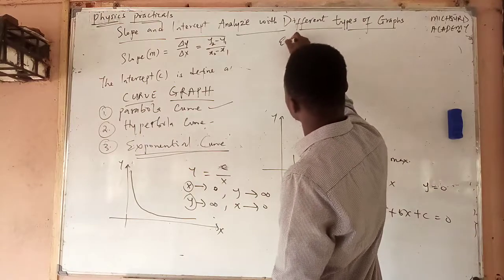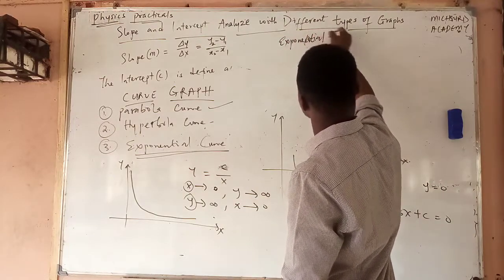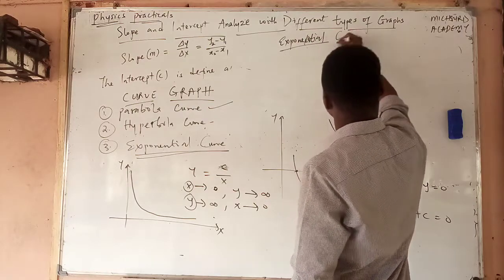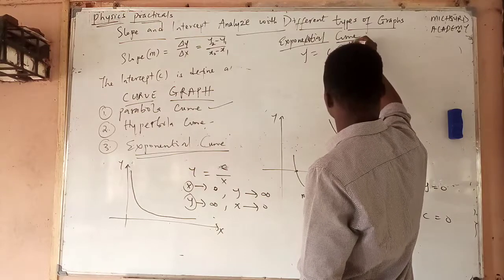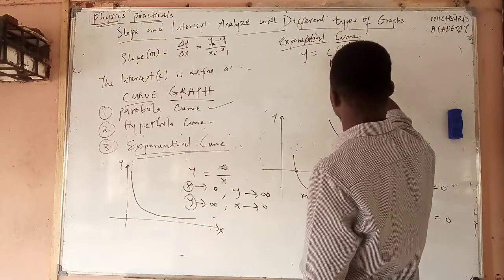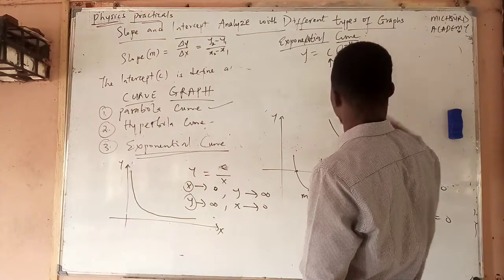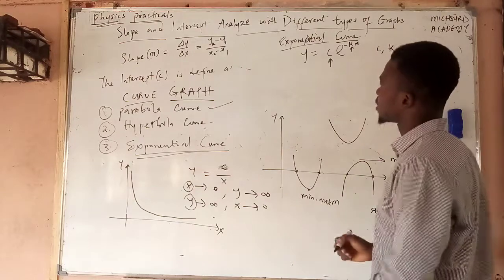So for the exponential type, we have that y is equal to c exponential minus kx. Here we have two constants, c and k. Okay, those are the two constants that we have there, c and k.